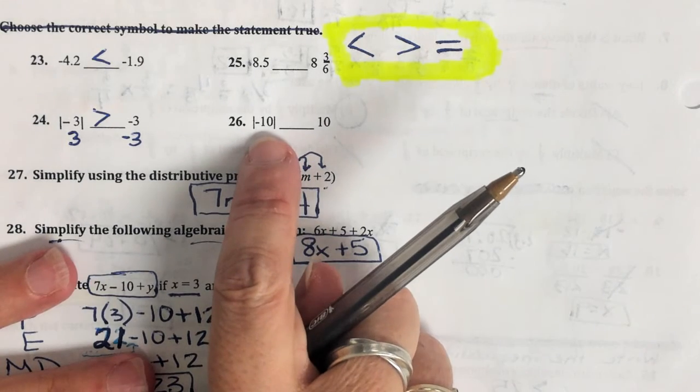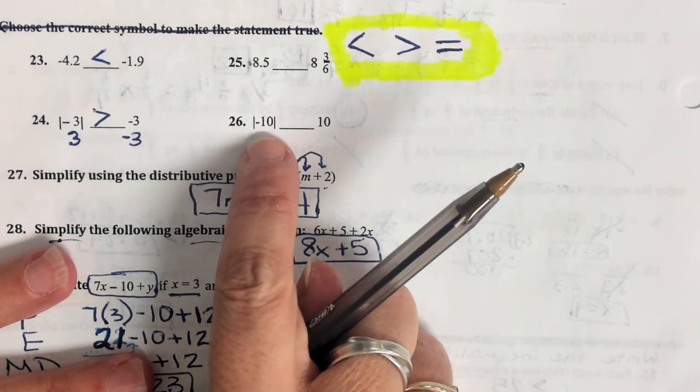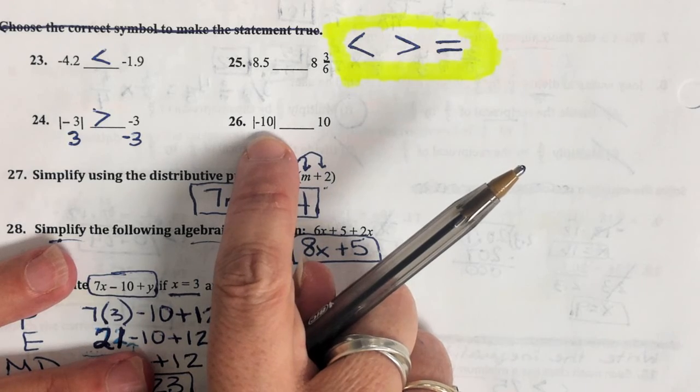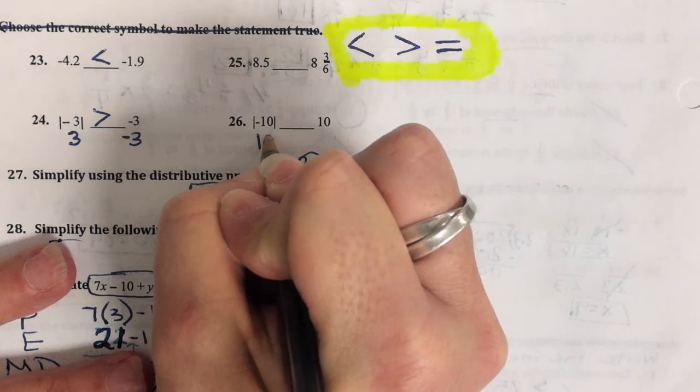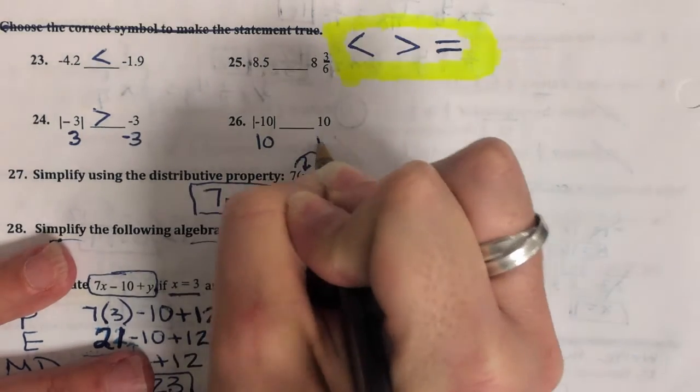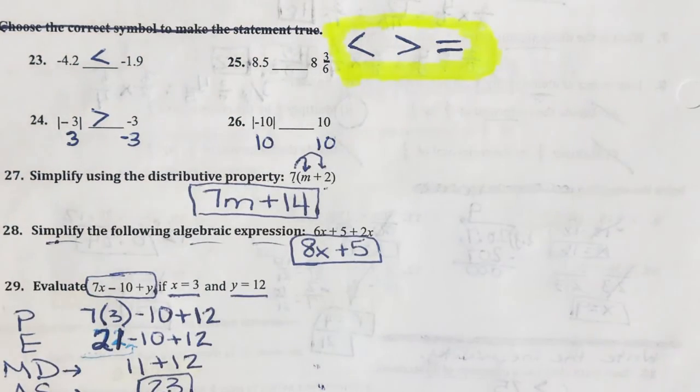Same, I'll go ahead and do 26. If it's negative, it changes to positive. If it's positive, it just stays positive. Okay? It is kind of weird, but it goes back to the world of distance, and distance is always positive. Even if I run backwards, it's still an amount that is positive.